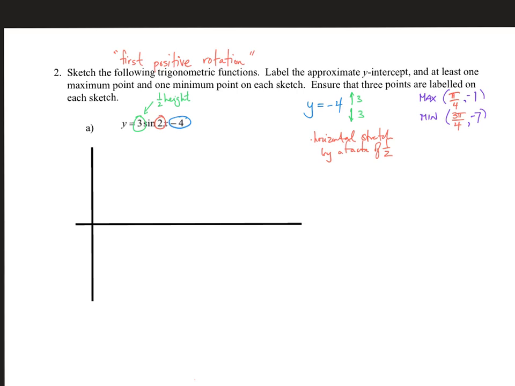You also have the means to check the x values of your max and your min. By finding the max and the min, I actually find my two extreme values, and I should be good that the distance between my max and my min horizontally should be half my period. For me to go from the top of my graph to the bottom of my graph, I've only gone halfway.